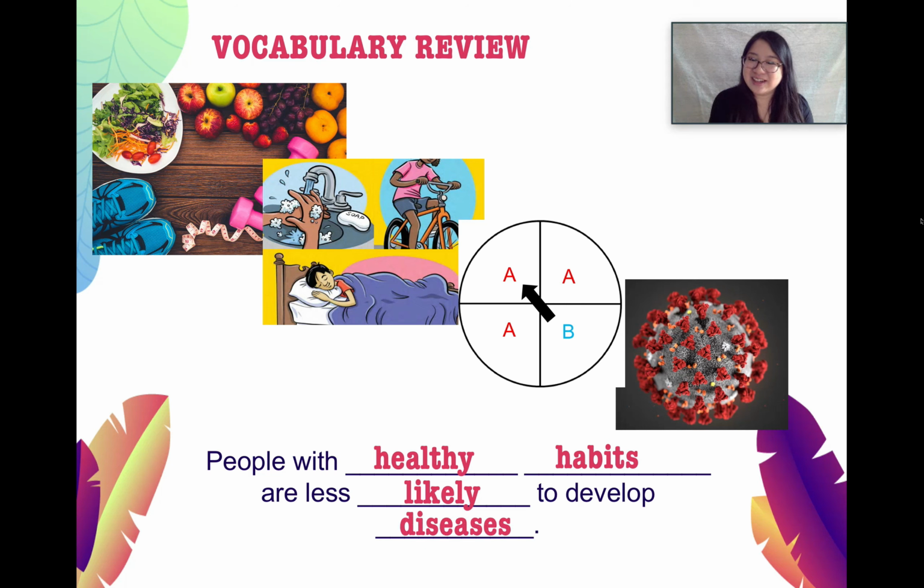Okay, very good. Now this picture for likely, this is a new picture. And if you look at this image, you'll see a spin wheel. A is very likely. It's probably going to happen. Okay, that was a tough one.